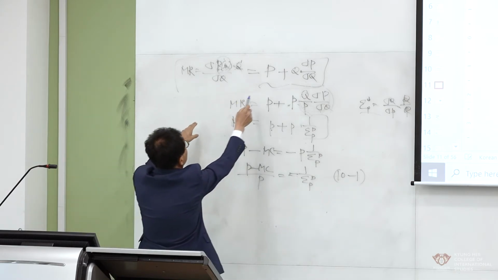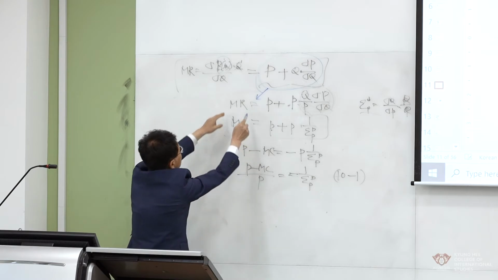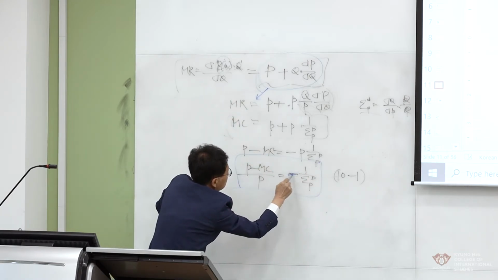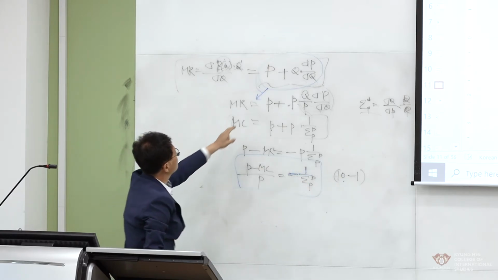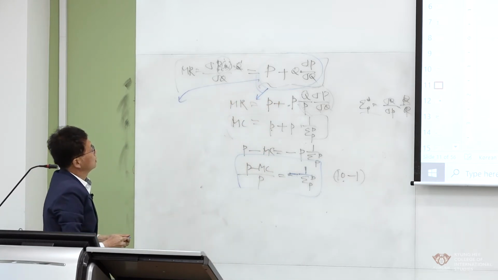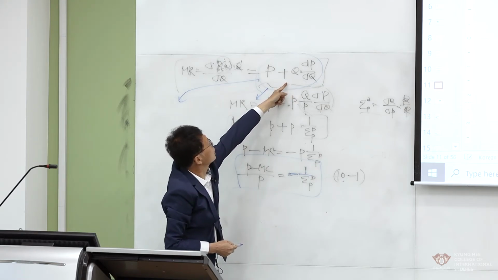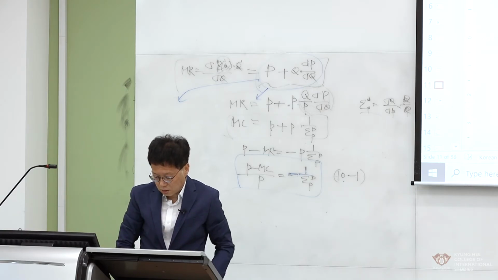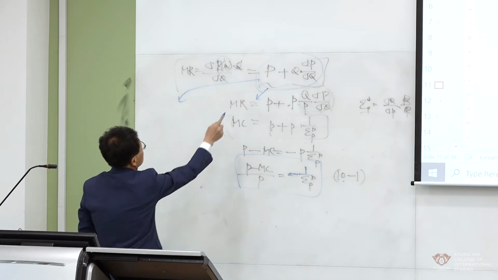Equation 10.2 starts from here, and that is number 1. Following this one, we can get these relations, right? That is 10.1. 10.2 starts from here. Now think about what this is.